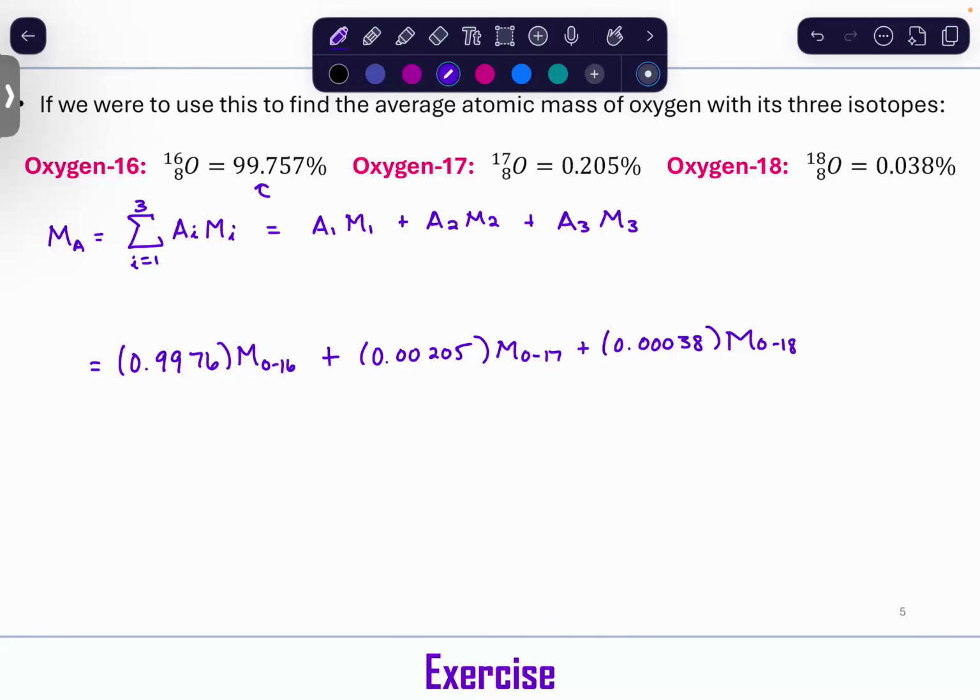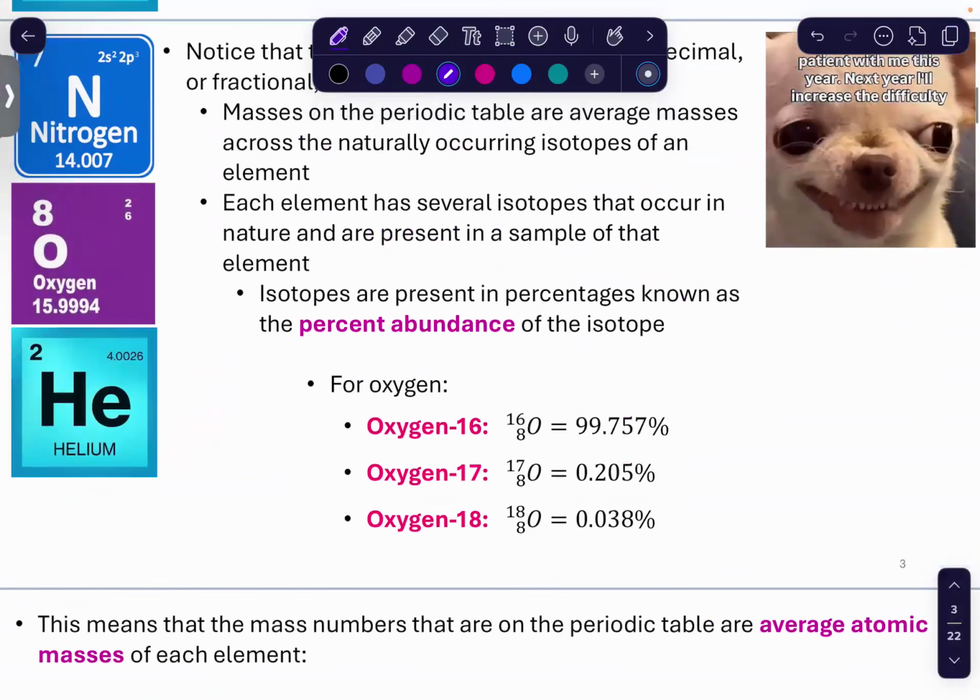So that's how you actually put the percentages into this equation to figure out the average atomic mass of your element. And again, your average atomic mass is what you see here on the periodic table.